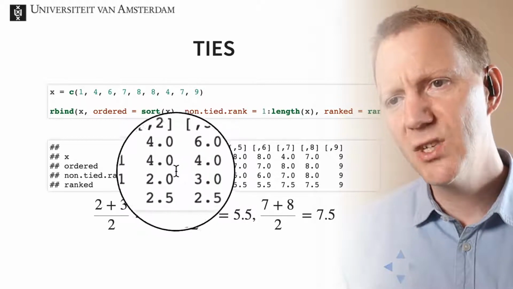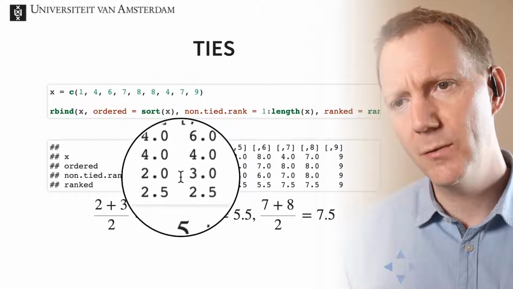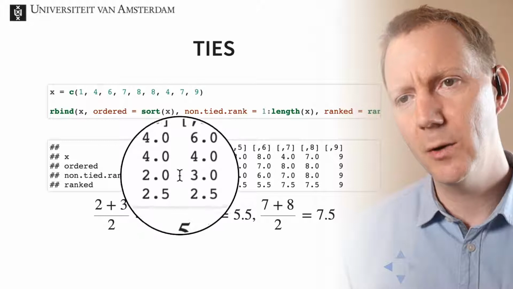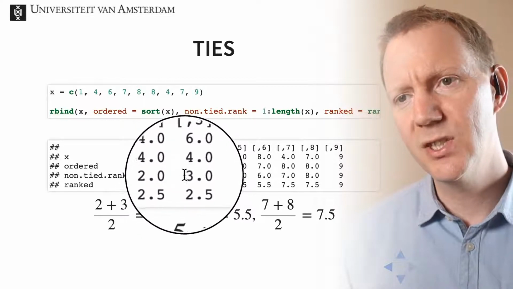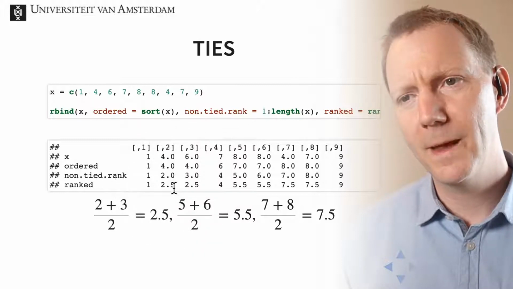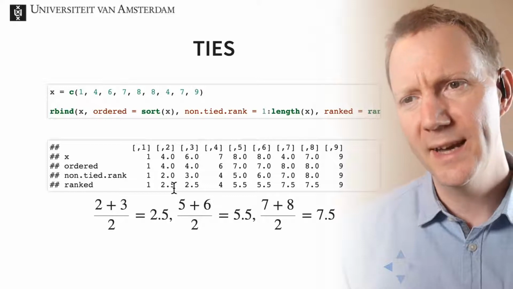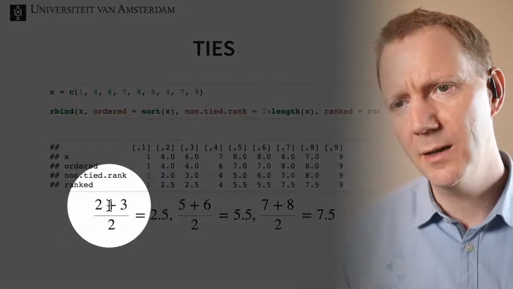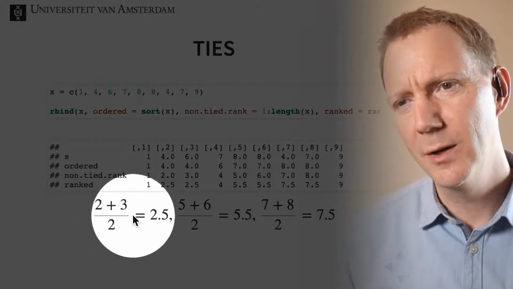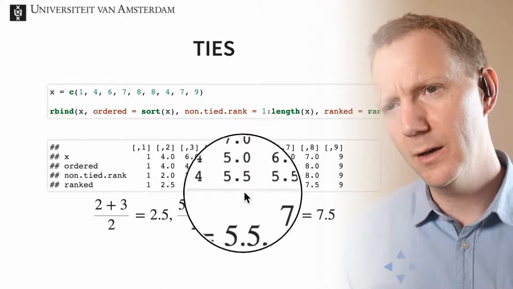And what we essentially do is we add these two up together. So we add 2 and 3, and we divide by 2, because we only have 2 of those ties, which lands us at a 2.5 for both. So essentially it's averaging on the ties. We have the 2 plus the 3, and we divide by the number of ties that we actually have, which lands us at 2.5.